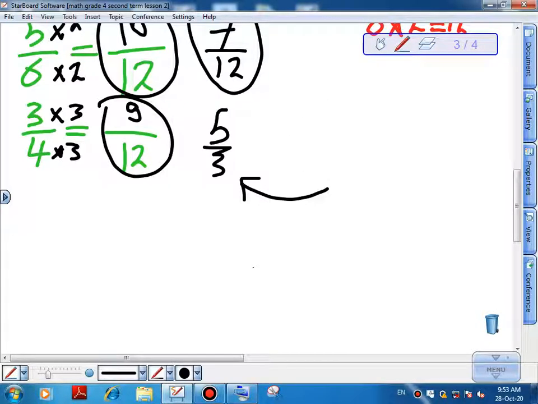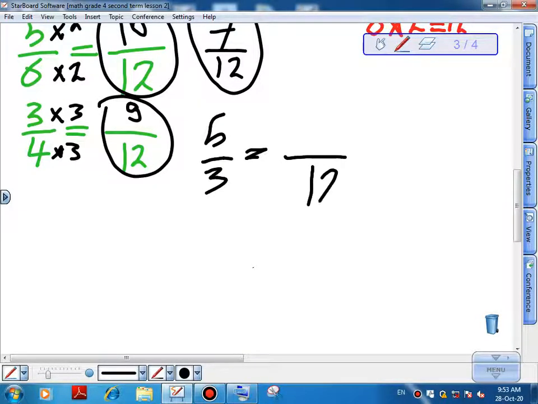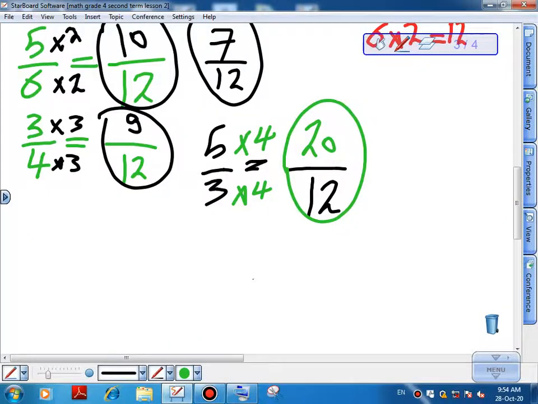Then we convert 5 over 3 to have the same denominator, which is 12. We multiply both of the numerator and denominator by 4. 5 times 4 equal to 20. 3 times 4 equal to 12. It will be 20 over 12.